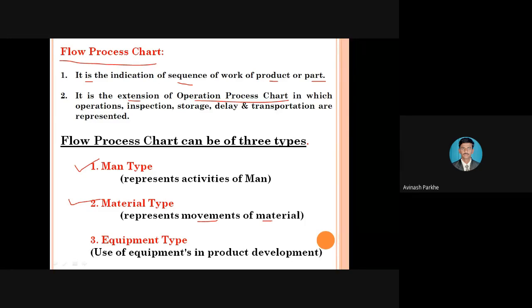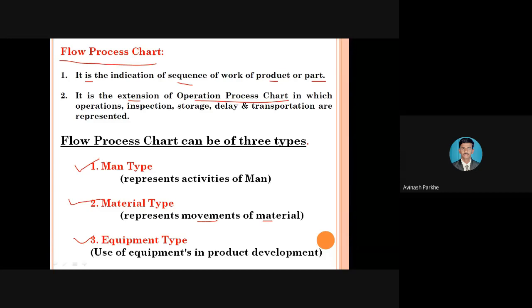Again, whatever number of operations and movements take place on that material at machine number 2, all those movements are represented by using the material type. Again, if it is moving to the third machine, fourth machine, sixth machine, whatever number of movements are carried out on that material, all those material movements are represented in the form of the second type, that is the material type of flow process chart.